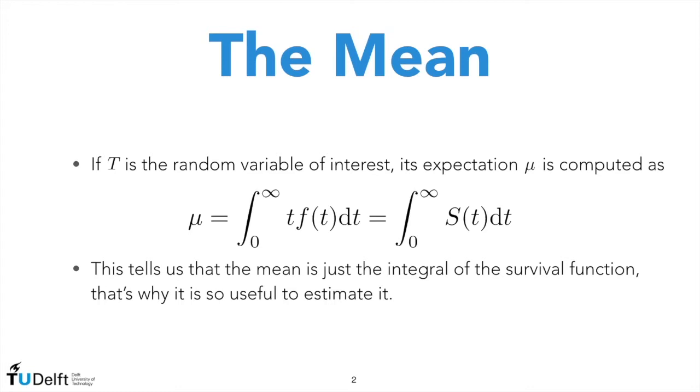That is to say, the integral between 0 and plus infinity of S(t) dt. And that's why the survival function is a very important object, because it allows us to compute quite naturally the expectation of our variable capital T.